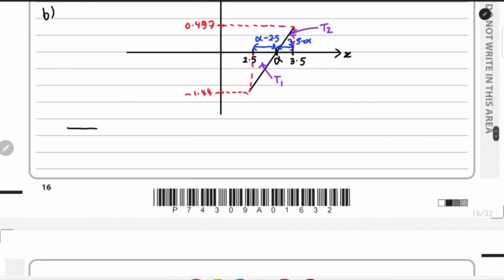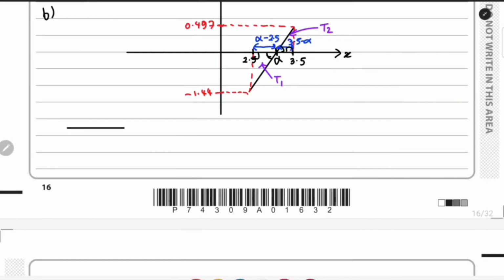Using the concepts we know about similar triangles, these two will be similar because this and this angle are the same. Both of these are 90 degrees. So this angle must also be the same. So they'll have the same angle ratios.